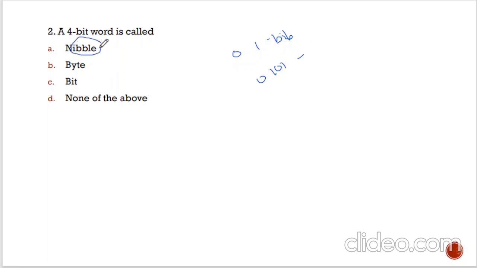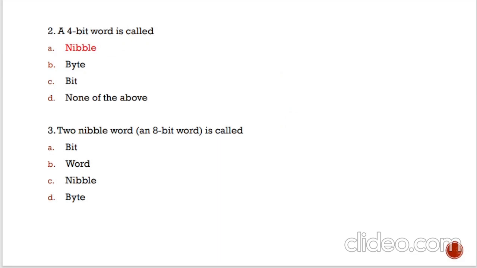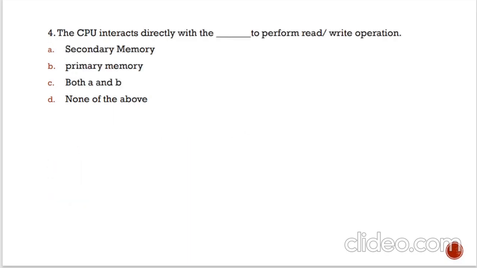And if we consider 8 bits, a group of 8 bits, we can form it as a byte. So a 4-bit word can be called a nibble, and 2 nibbles make an 8-bit word, which is called a byte.